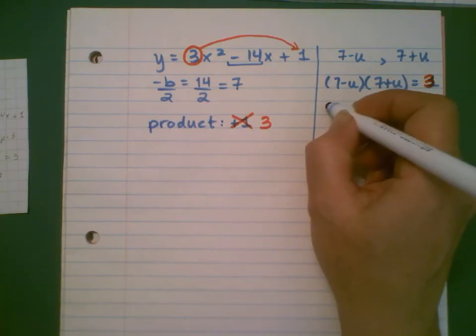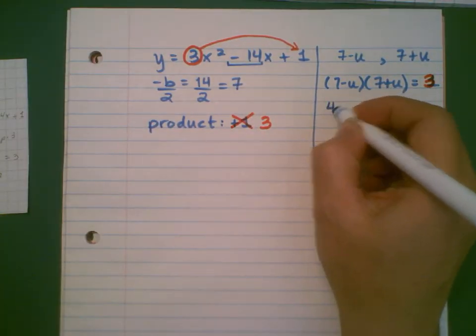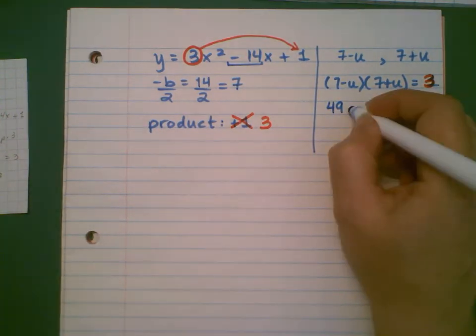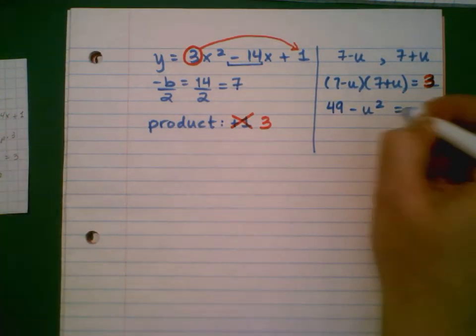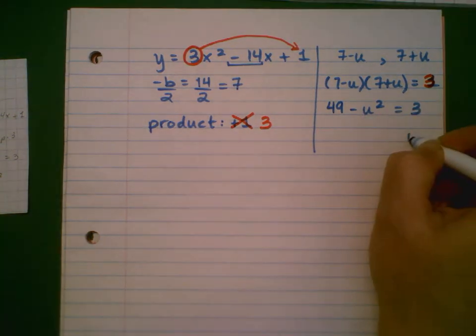Okay, so continuing on from here, that's going to generate a difference of squares. I have 49 minus u squared is 3. Isolate for u squared.